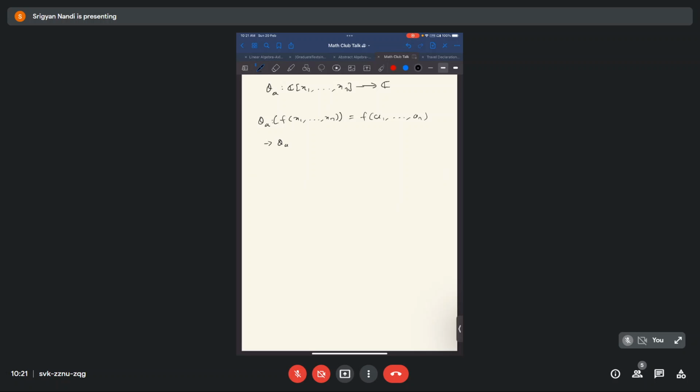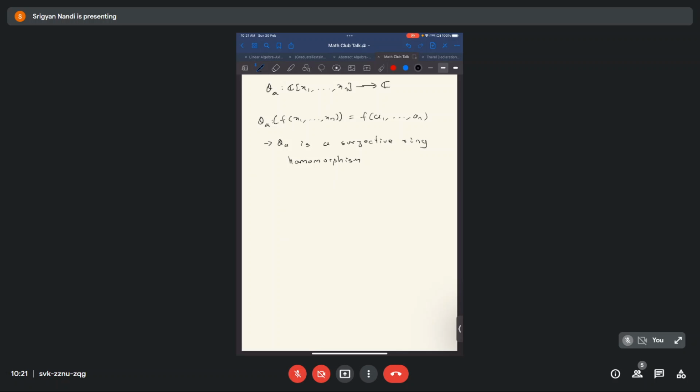We notice that theta_a is a surjective ring homomorphism. It's pretty obvious that it's a ring homomorphism, as it was discussed. The question is, why is it surjective?